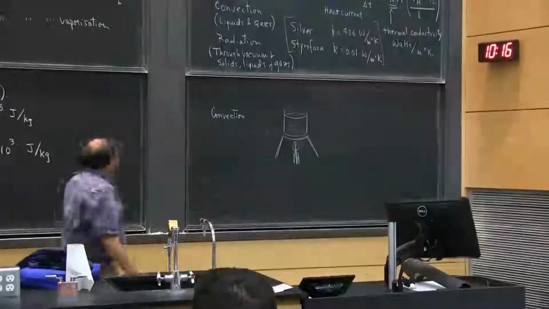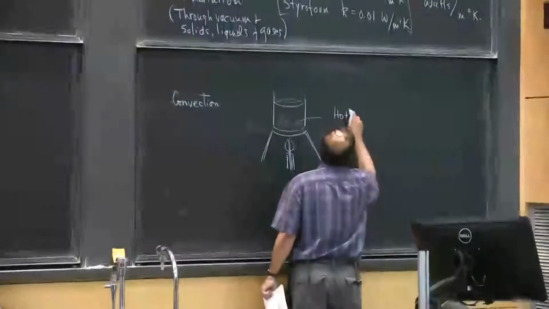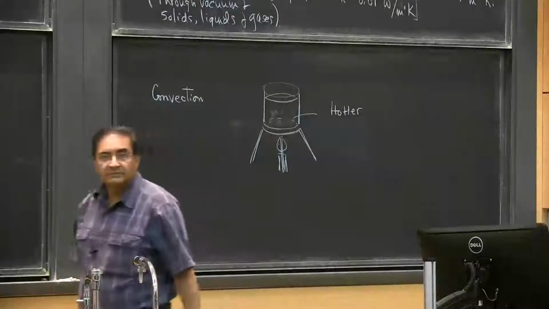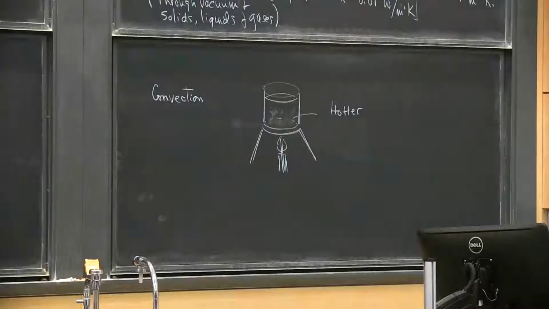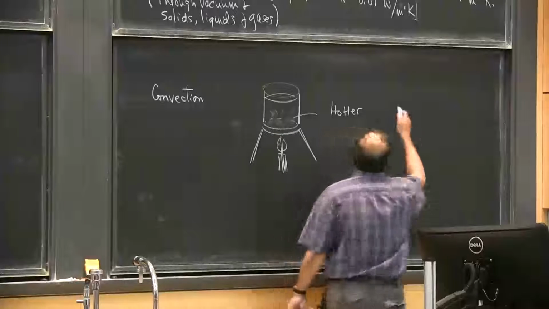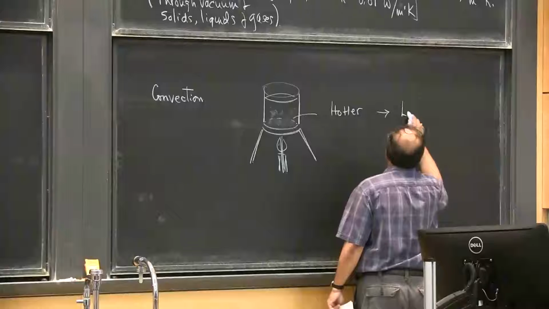So as it becomes hotter, hotter means that the atoms and molecules will be moving with more energy. And as they move with more energy, they tend to be less densely packed with each other, which means that the liquid becomes lighter.